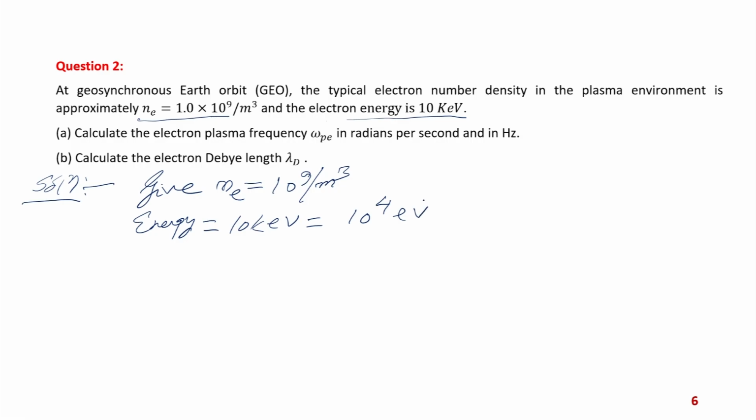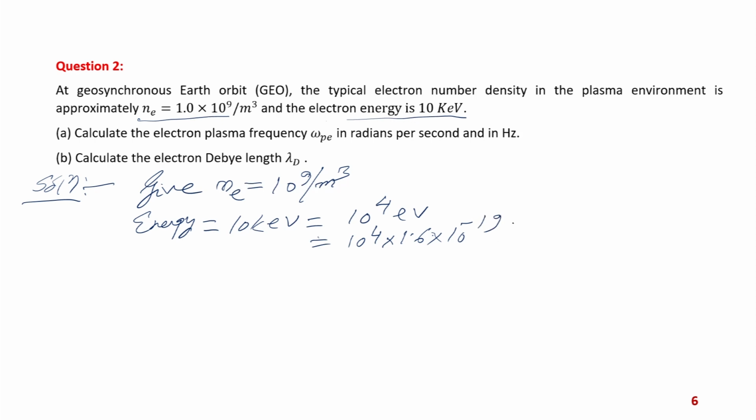So, 1 electron volt, you can convert it into joule by multiplying it with 1.6 into 10 to the power minus 19. Okay.